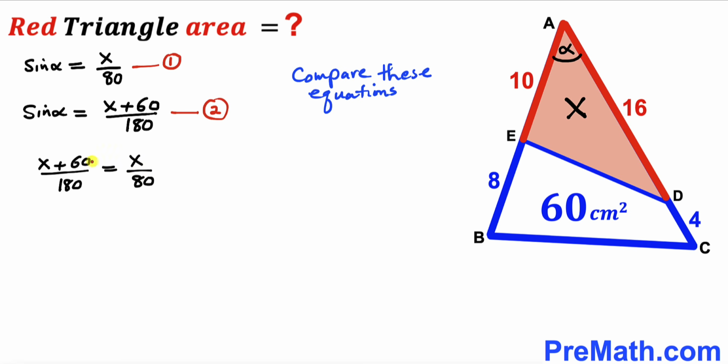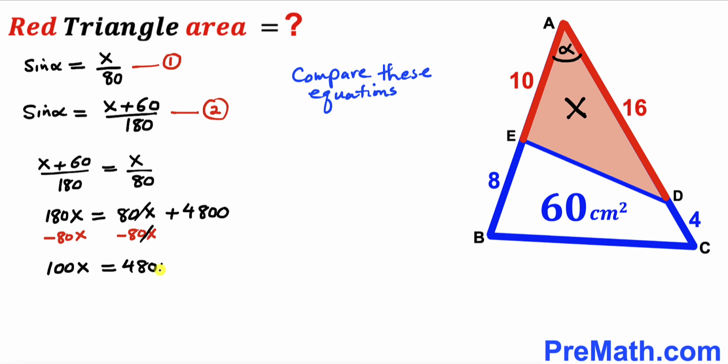Now we are going to cross multiply. So we can write 180 times X equals 80 times X plus 4800. Now I'm going to subtract 80 times X from both sides, and this is gone. So we end up with 100 times X equals 4800.